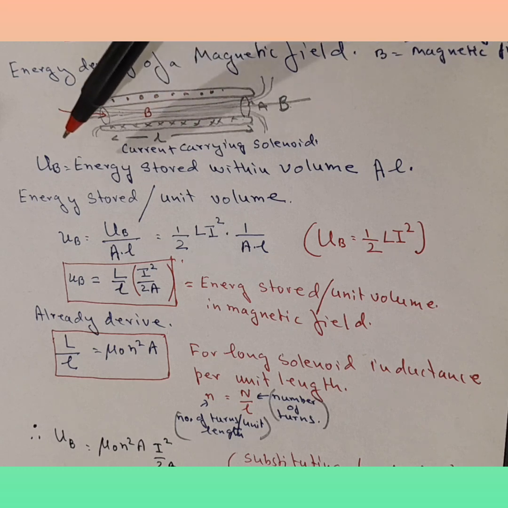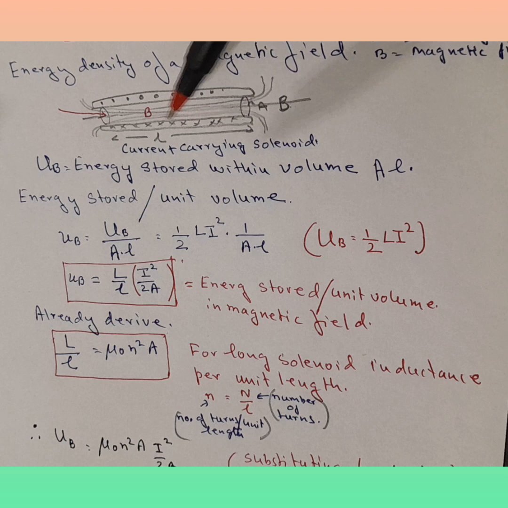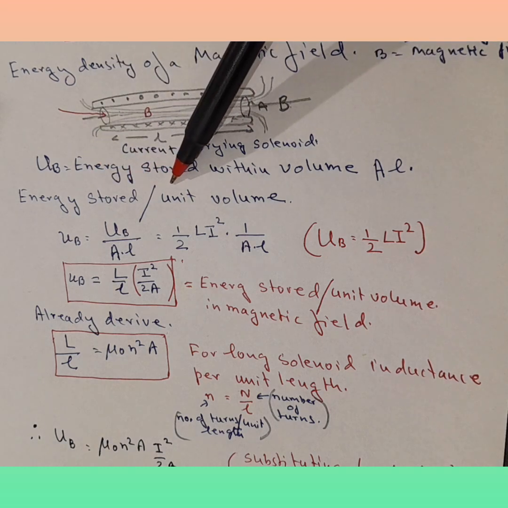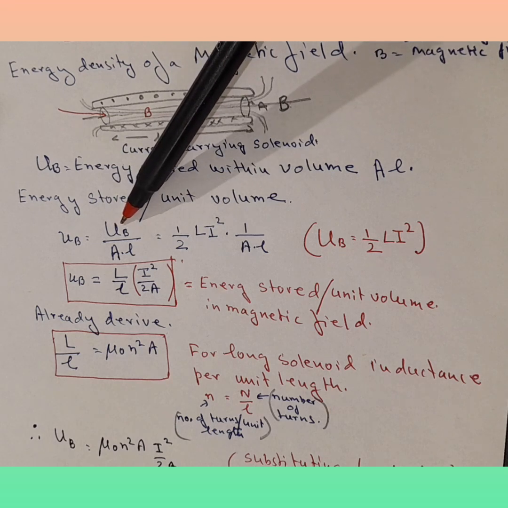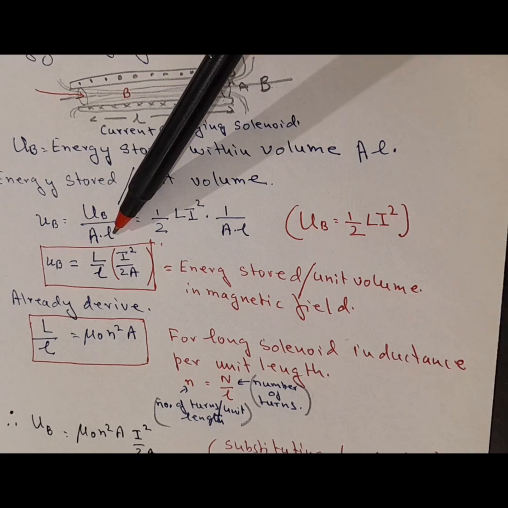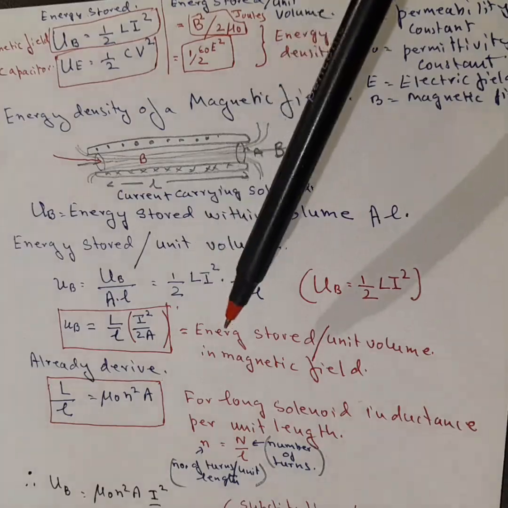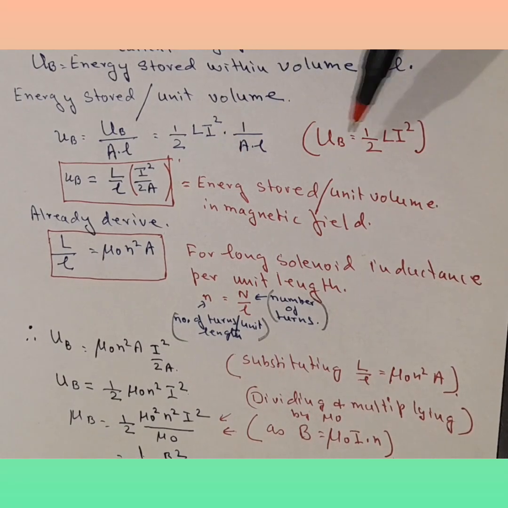UB is energy stored within the volume AL. Volume is area of cross section into length. So energy stored per unit volume would be the formula we had seen for energy divided by volume. So it becomes half Li square into 1 over AL.